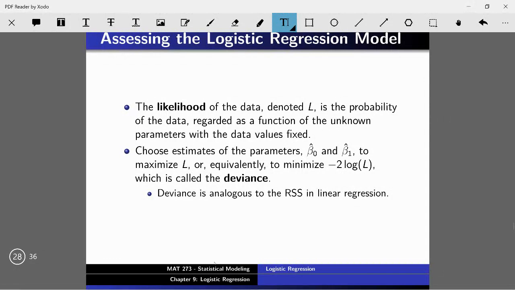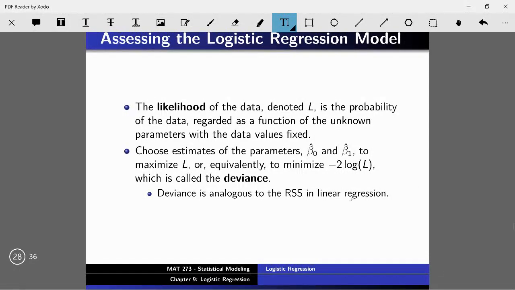So essentially what we're doing is we select estimates of our regression coefficients, which we denote with hats. These are selected to maximize this likelihood, this capital L value. Or equivalently, the betas, the regression coefficients, are selected to minimize -2 times the log likelihood.